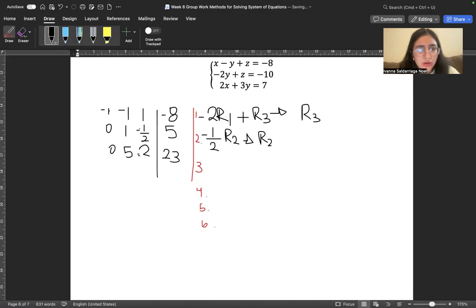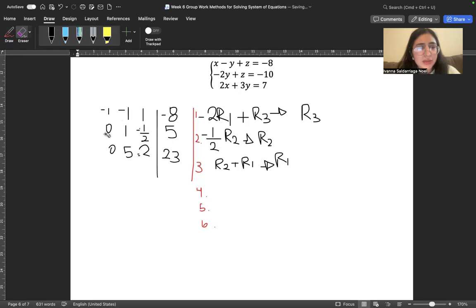So for row 1, we can just sum up. We can sum the numbers, R2 plus R1, and we put it on R1 because here we have a 1, so it will be easier.